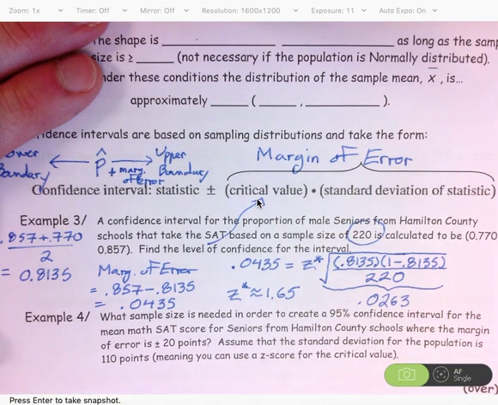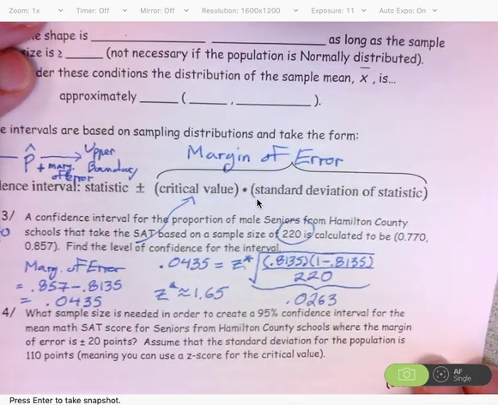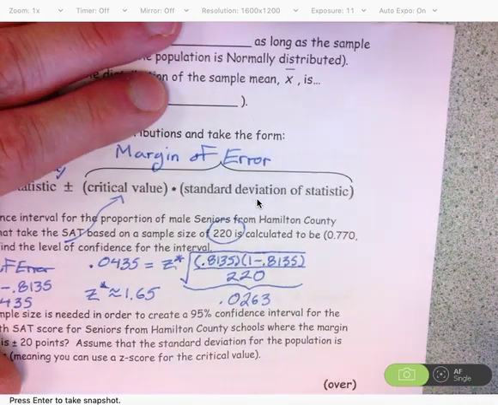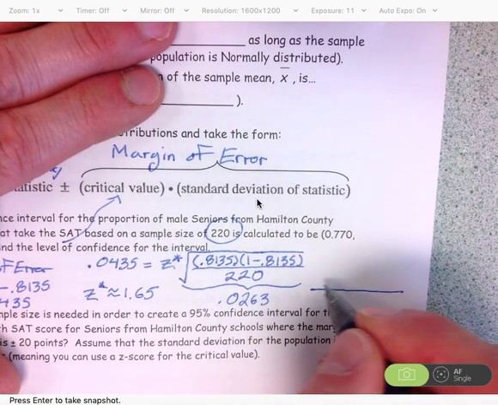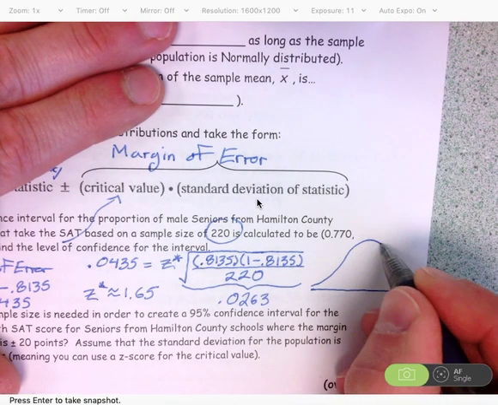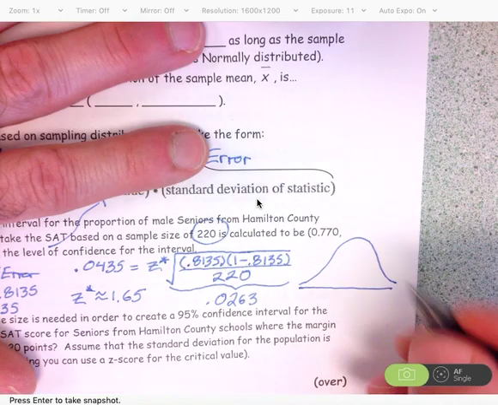Z-scores tell you how many standard deviations above or below the mean you happen to be within this approximately normal distribution. So to find the level of confidence, I just have to figure out what percentage of approximately normally distributed data would be within 1.65 standard deviations of the mean.